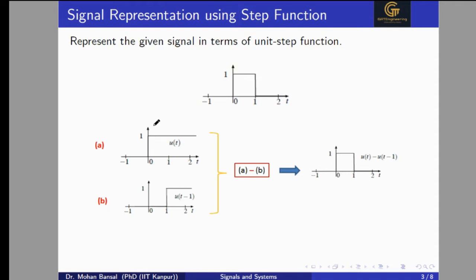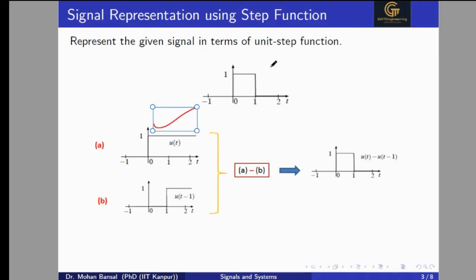We know this is our u(t) signal, the unit step signal. Its value is 1 for t greater than 0 and 0 for t less than 0. Similarly, if we plot the shifted signal of this u(t), we will get u(t minus 1), and the signal will start at t equal to 1.